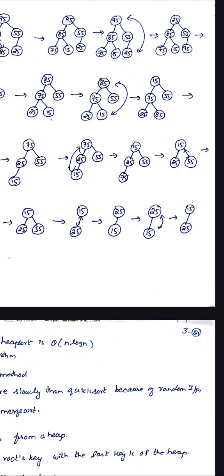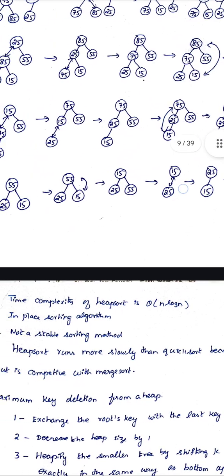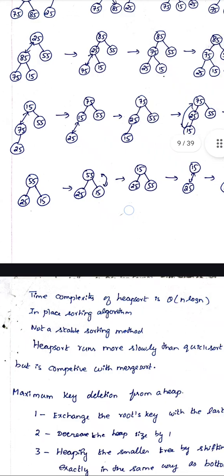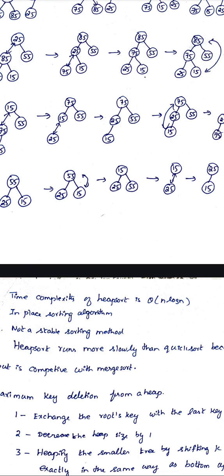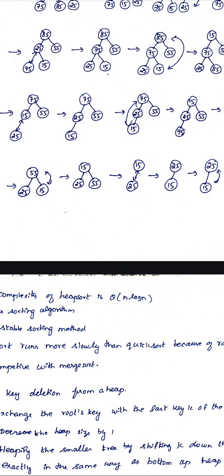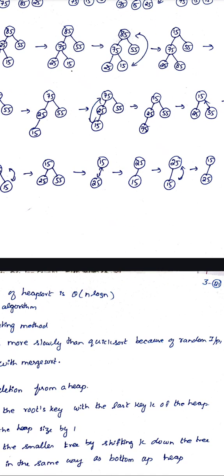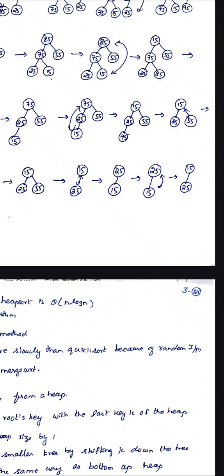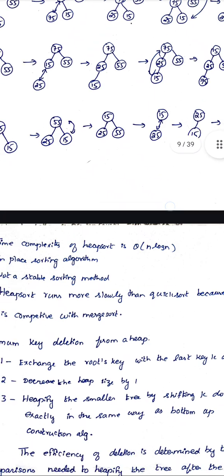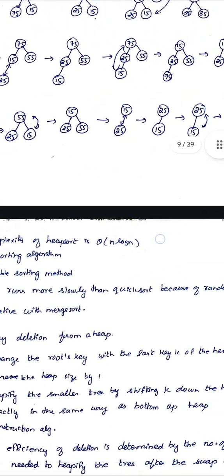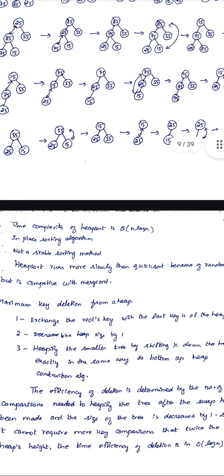So for 15, 55 should come up, and then 55 and 15 are swapped, then 55 is removed. 15 for 25, then 25 and 15 will be swapped, because 25 is the root node. Then remove 25, and we get only 15 in that case.